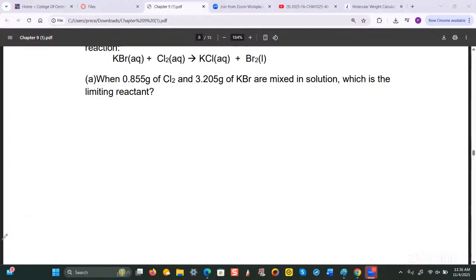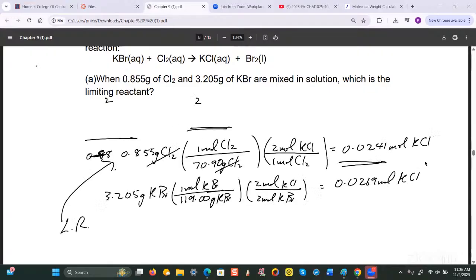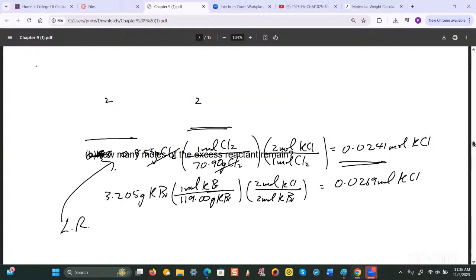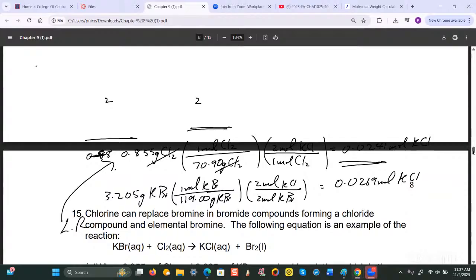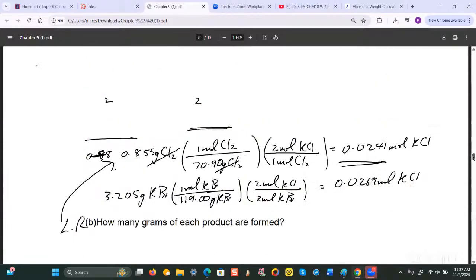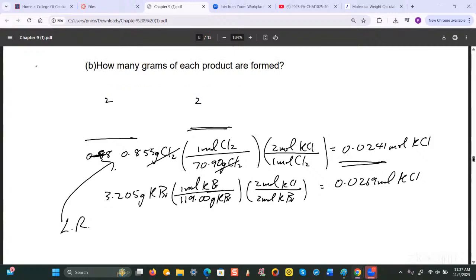There you go, okay. Learn something new every day. All right, so the question is asking how many grams of each product are formed, right?